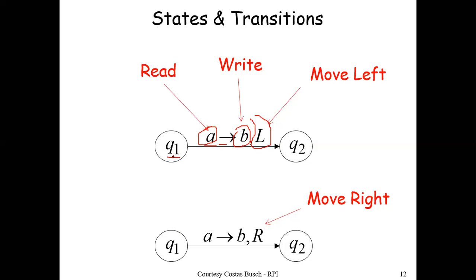So you read from Q1: read A, write B, and move left, and you are on state Q2. Or read A, write B, and move right. For left you write L, for right you write R. Your output state is Q2. So this is a simple transition representation on the Turing machine.